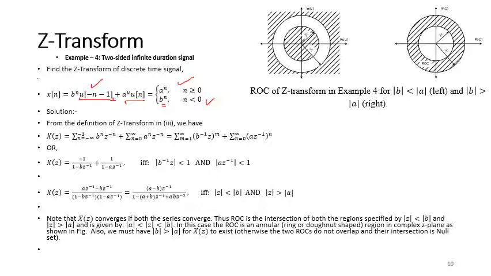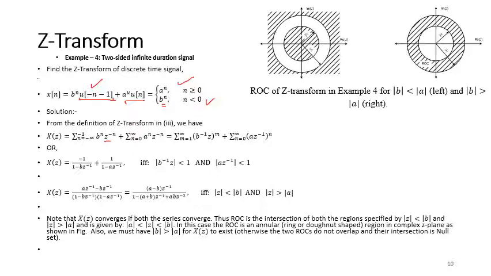So to find the expression for this one, again the equation says that you sum x of n from minus infinity up to infinity, and you multiply it with z to the power minus n. But in this case, we have two separate sequences that are infinite in duration, right?